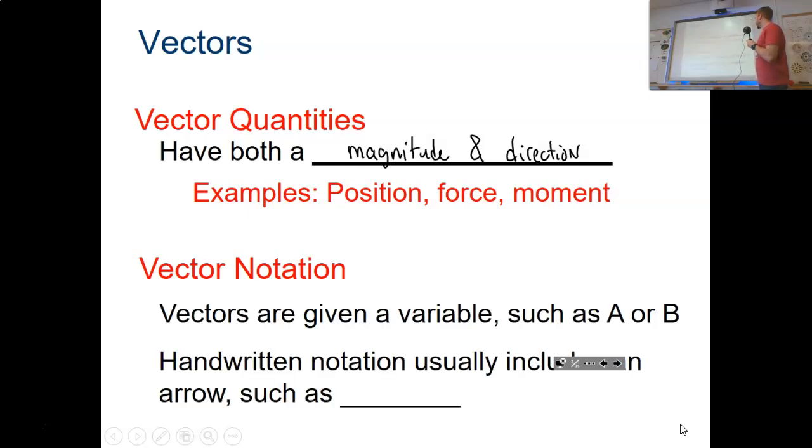Vector notation: sometimes you're going to see vector A, they put a line with an arrow above it, or vector B, a line with one side of an arrow. This is called vector notation. You can see these arrows a lot of times to represent that it's a vector quantity.